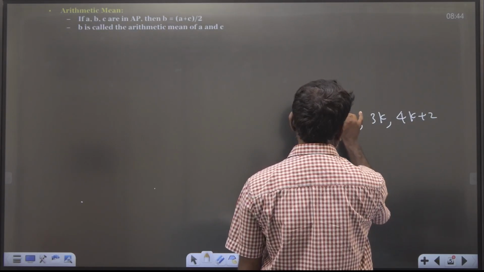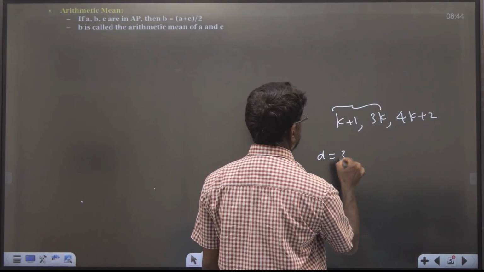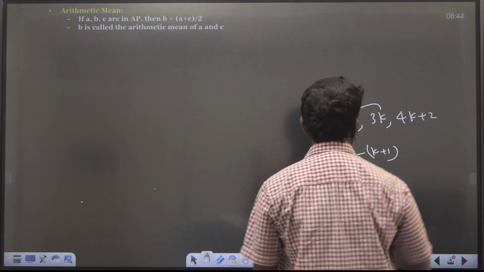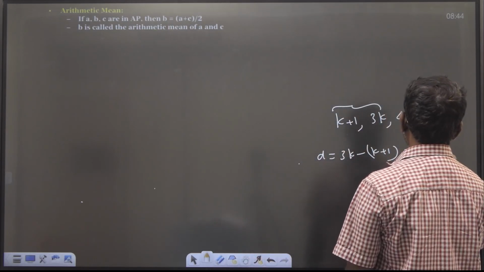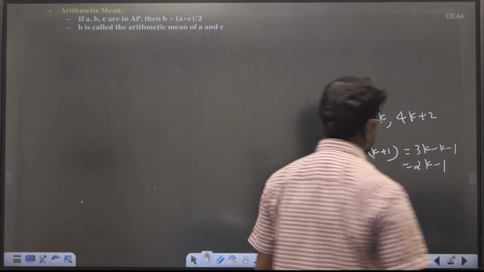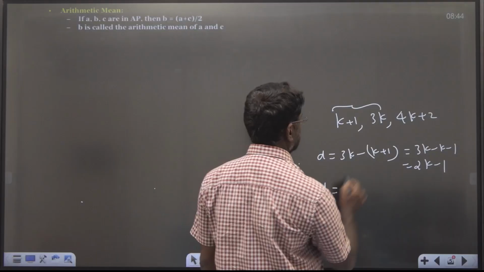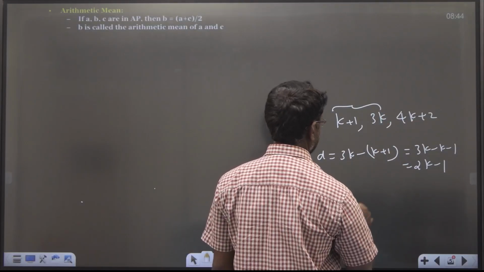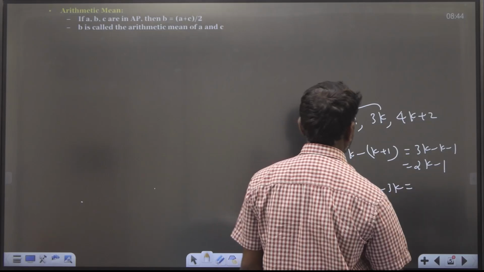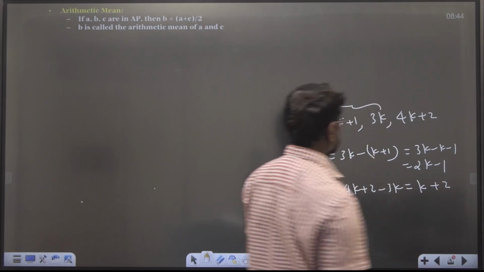So, the difference between these, that is D, is equal to 3K minus K plus 1, right? So this is equal to 3K minus K minus 1, 2K minus 1. D is also equal to third term minus second term, 4K plus 2 minus 3K. 4K minus 3K is K plus 2.